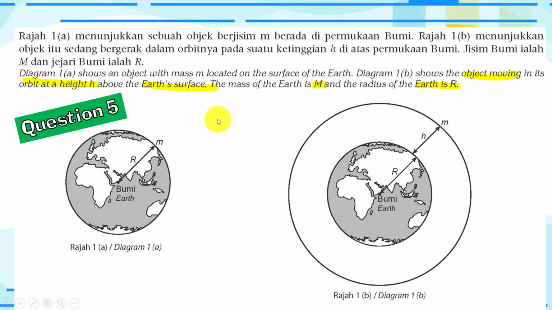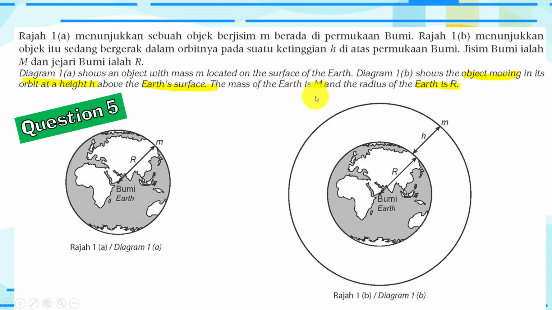Okay, now we go to question 5. That one is chapter 3, gravitational. Diagram 1A shows an object with mass located at the surface of the earth. Diagram 1B shows an object moving in orbit at a height h. So that means they have an extra h above the earth's surface.